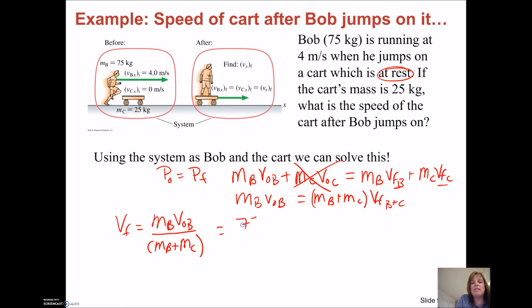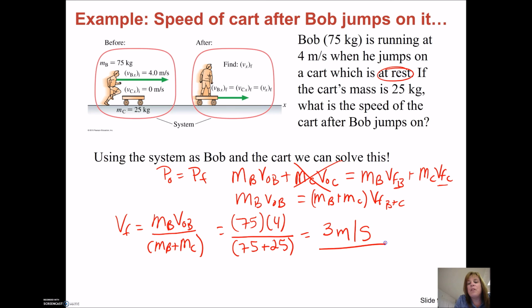The mass of Bob is 75 kilograms. His initial velocity is 4. We're going to divide by the total mass of the system, so the mass of Bob plus the mass of the cart. 75 plus 25 is 100. So 75 times 4 divided by 100 gives us 3 meters per second, which is slower than 4.